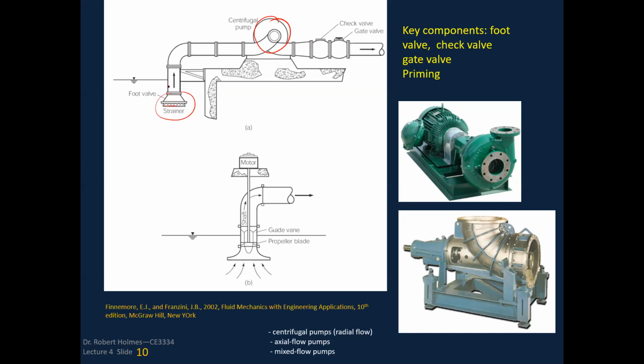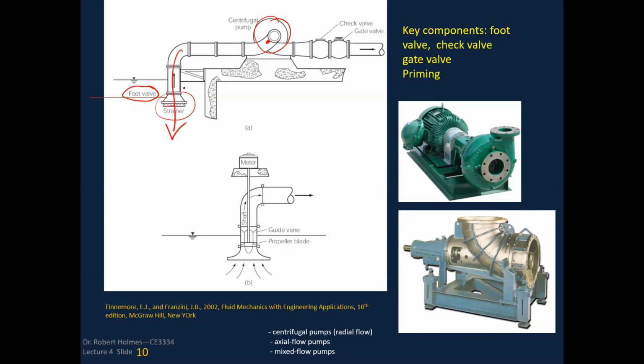And you'll notice here we've got listed this foot valve, and the foot valve is there so that when the pump shuts off, it doesn't allow water to evacuate back out of the line, and so it's keeping the fluid right on the eye of the pump impeller even when it's not running.